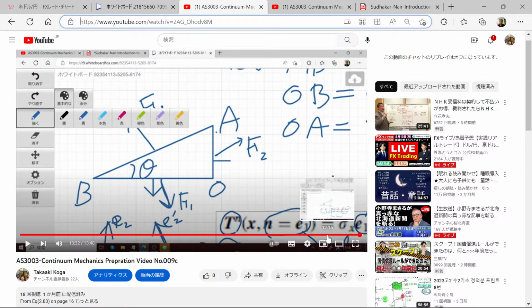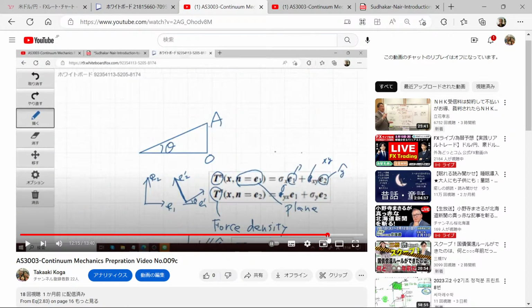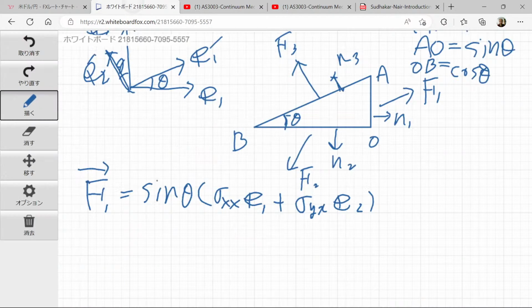Let's see, here is xy. We go x. This guy is xy. So this is F1. Then we can go also F2. F2 is now in the opposite direction, so you have a minus sign.